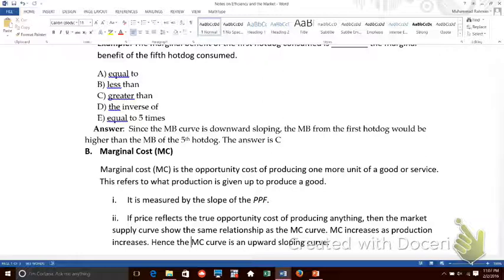If price is the true reflection of opportunity cost, and the marginal cost curve tells you that as quantity increases, opportunity cost increases, the supply curve could convey the same information by pointing out that whenever prices go up, producers produce more. So we can argue that the marginal cost curve and the supply curve give you identical information about the market and market efficiency.